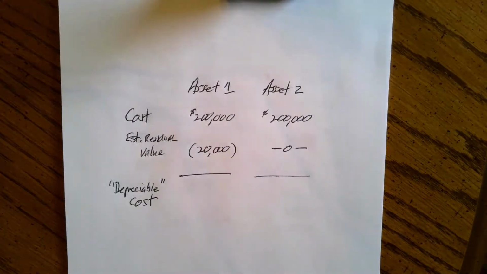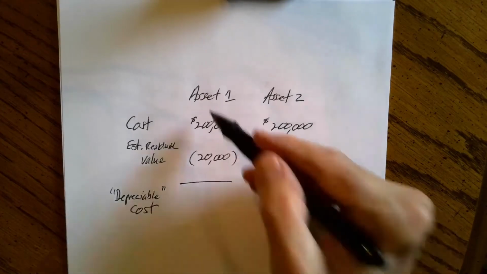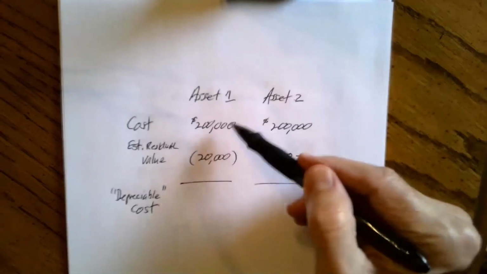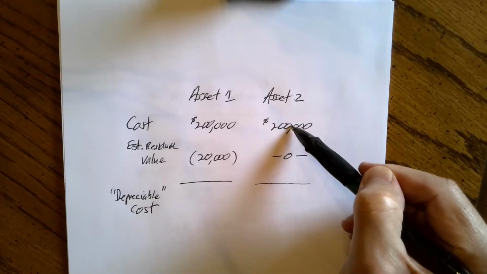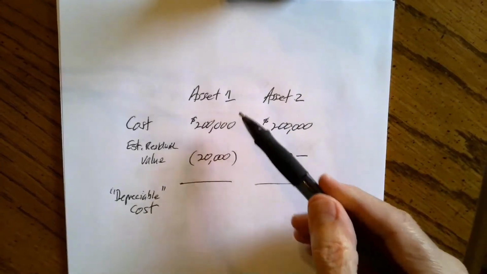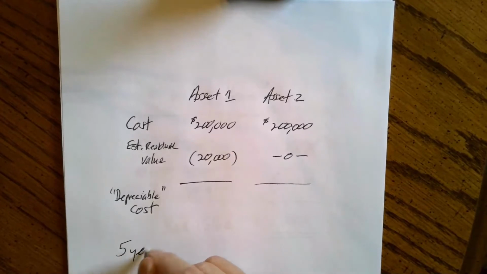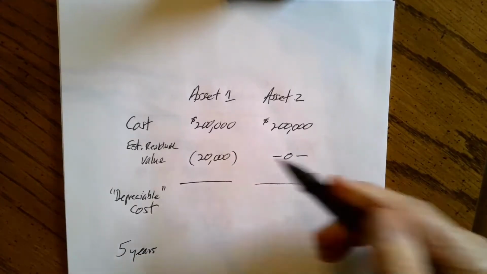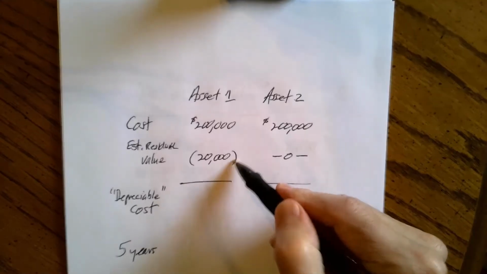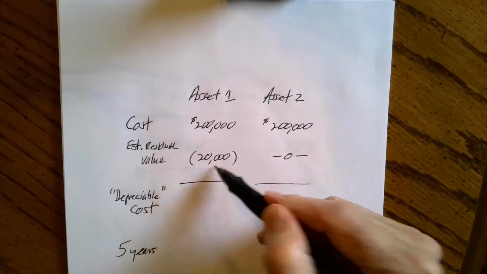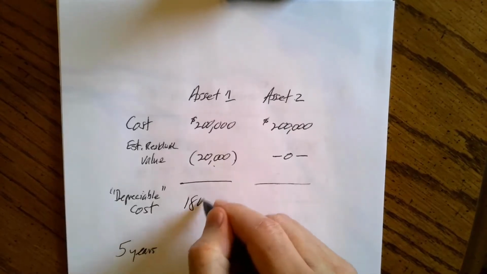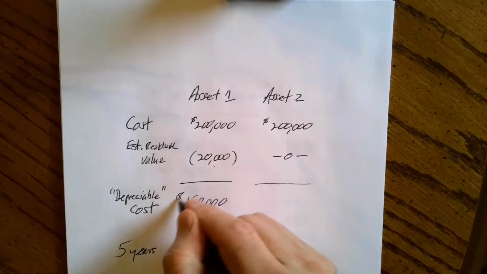Take two quick examples. Asset 1 and Asset 2. They both cost $200,000 at acquisition. Asset 1, after its useful life, and let's say it's a 5-year useful life, is expected to have a value of $20,000. So $200,000 less $20,000, $180,000 is its depreciable cost.